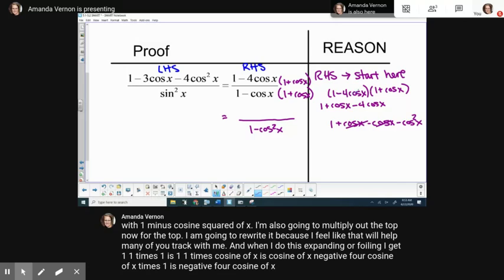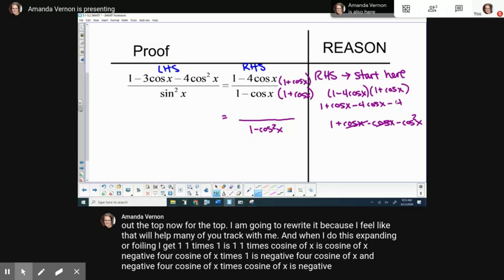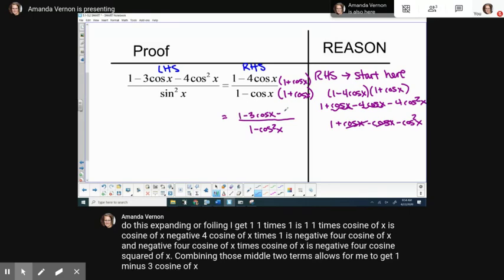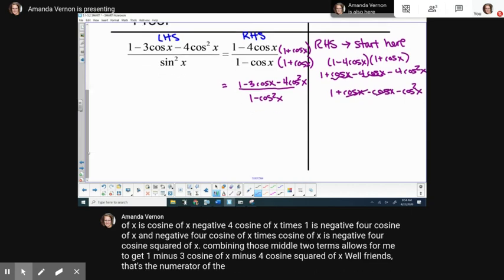And negative 4 cosine of x times cosine of x is negative 4 cosine squared of x. Combining those middle two terms allows for me to get 1 minus 3 cosine of x minus 4 cosine squared of x. Well, friends, that's the numerator of the left-hand side.